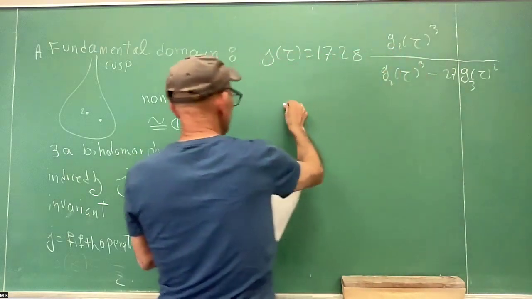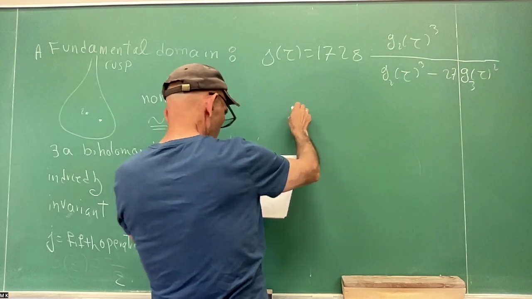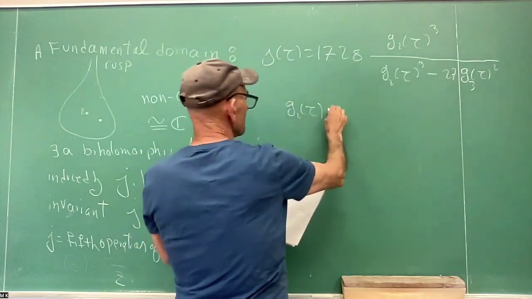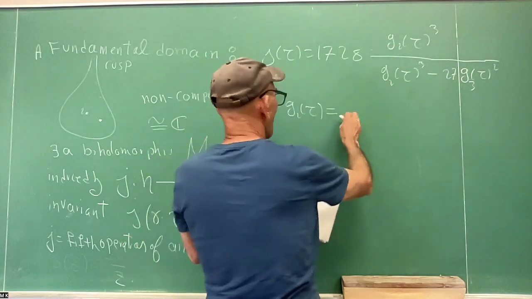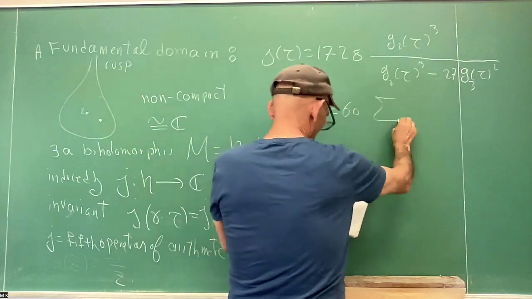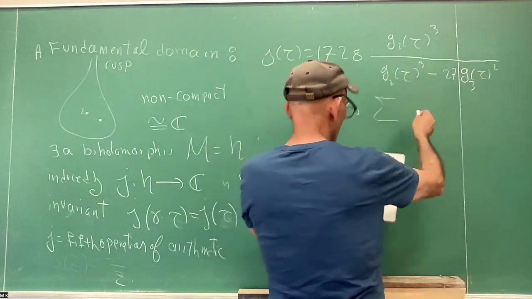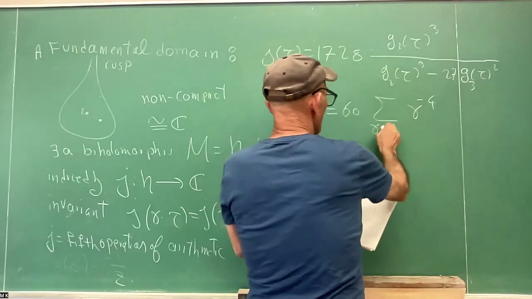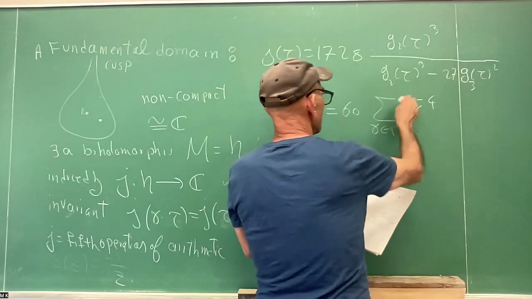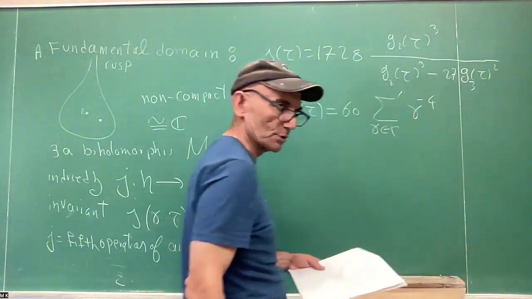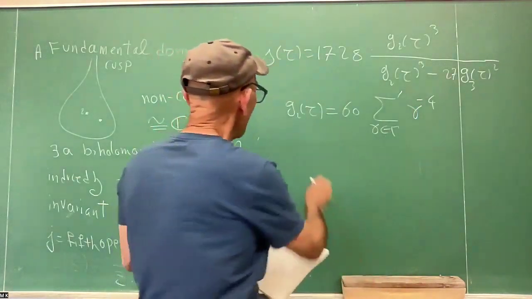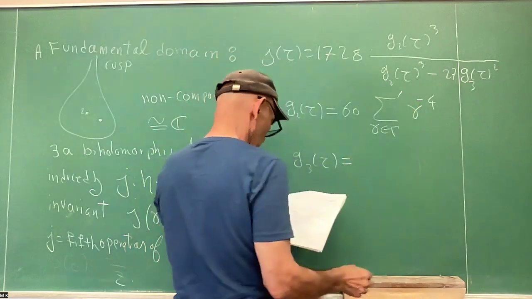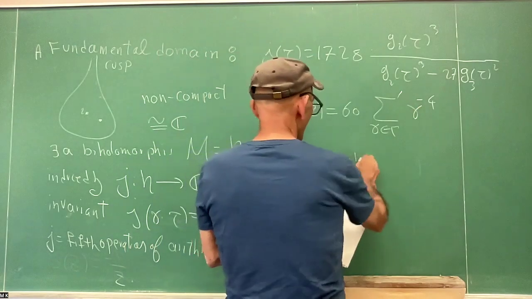These are Eisenstein series, where g2 of tau, we saw it in capital G and little g as well, g2 of tau is 60 times the sum of gamma to the power minus 4, gamma belonging to the lattice, and gamma is different from 0. So we just sum over non-zero elements in the lattice, and g3 of tau is equal to 140 times the sum of gamma to the power minus 6, gamma belonging to the lattice.